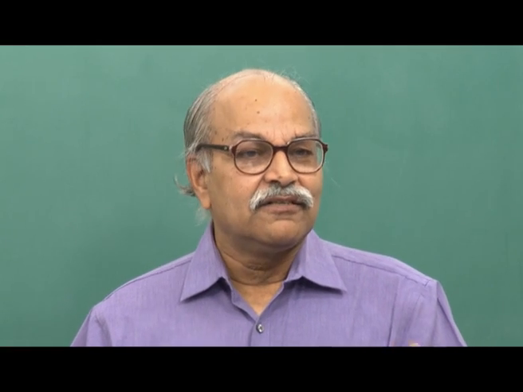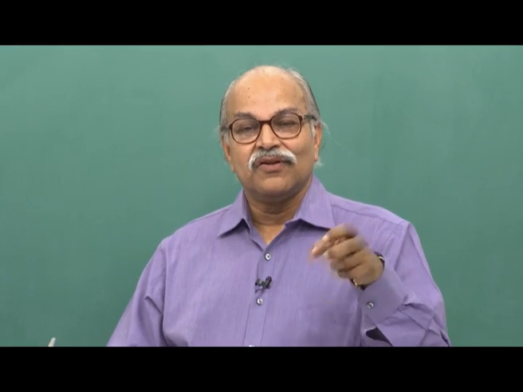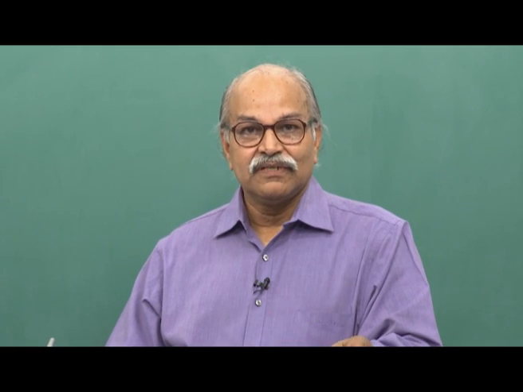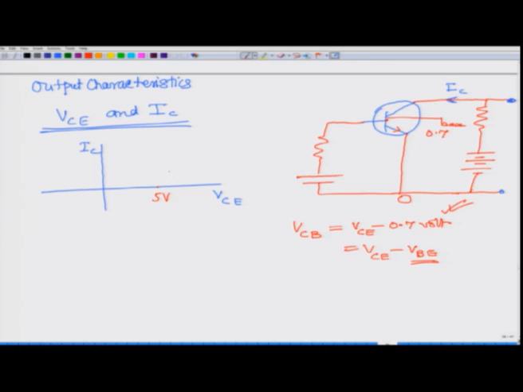So, in that case the collector is drawing all these electrons with full efficiency, and you have some kind of current which can be maybe somewhere here, let us say some 2 milliamperes or so. What happens if I increase this VCE?